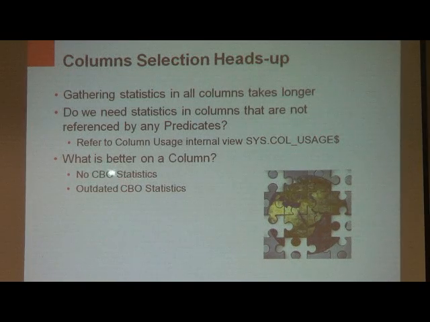So that means if we have no statistics, it has to guess. And whatever value it guesses, it's the same value for every column. So it's like one size fits all. So in that case, it's better to have outdated stats than having no stats. Of course, it's much better to have real, good stats. Second best is outdated. Third is no stats for a column.